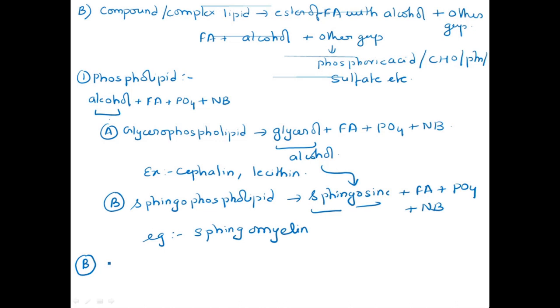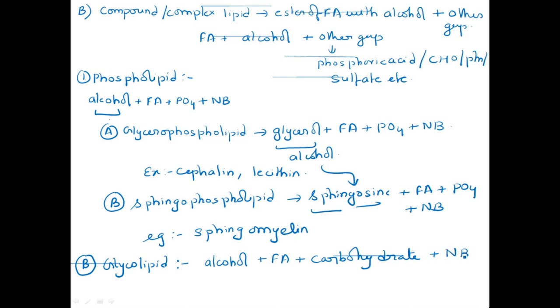There is another group of compound lipid called glycolipid. Alcohol will be present along with fatty acid plus carbohydrate, along with nitrogenous base. So glycolipid consists of alcohol plus fatty acid, carbohydrate and nitrogenous base.